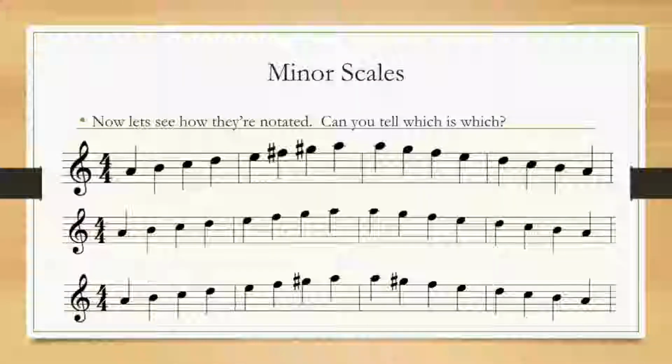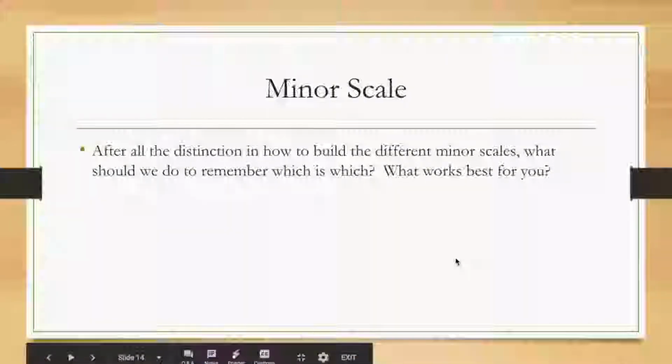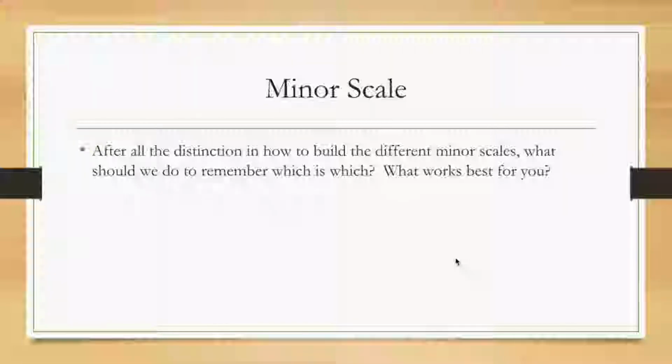So, after all the distinction in how to build the different minor scales, what should we do to remember which is which? Yep, those unique little characteristics. For me, I like to just think about what is unique about each one. The easiest way, I think, is for melodic, look to see if it's different going up and going down.